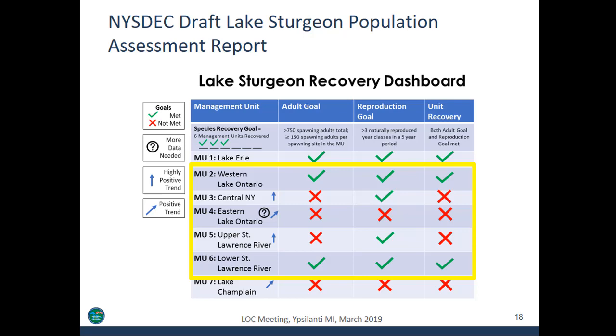In Eastern Lake Ontario, though, we have not, as shown here, with some more data needed and perhaps a positive trend. Of note in 2018, 2,250 small fingerlings were stocked in Chameau Bay, and these were tagged and marked as well. That just goes towards some efforts of reintroducing those sturgeon.